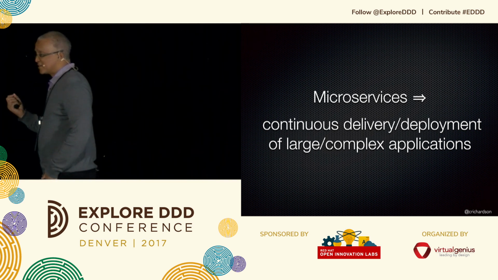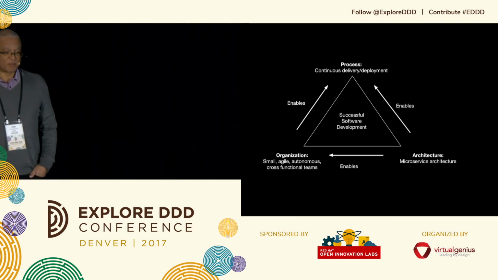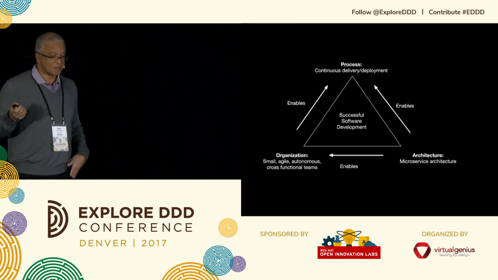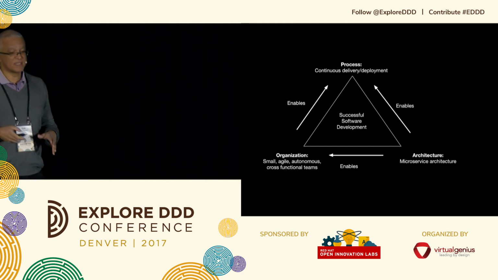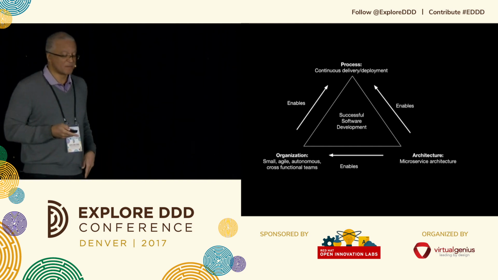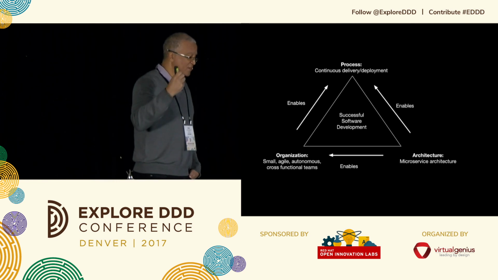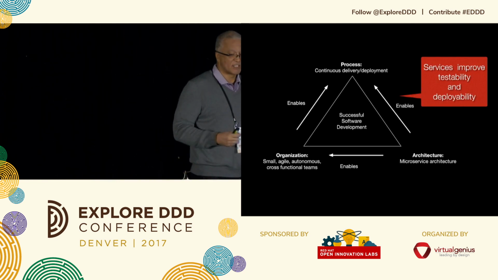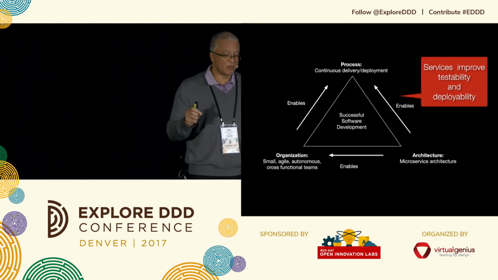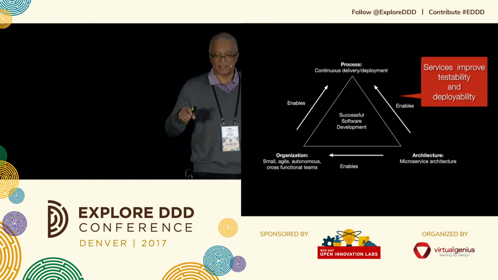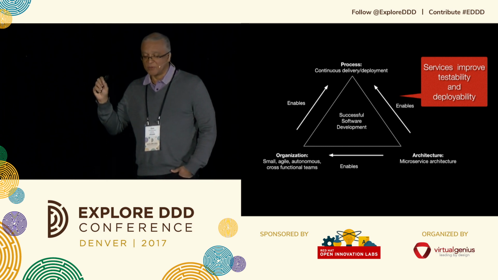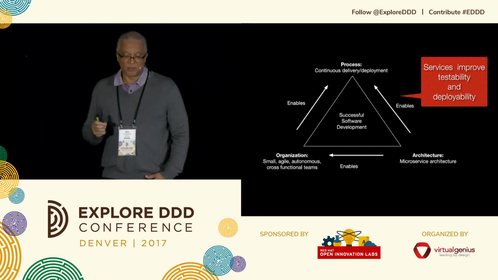So going back to this triangle diagram, right? The process is continuous delivery and deployment, the organization is small autonomous teams, and the architecture is the microservice architecture. It means that your architecture has the deployability and testability that's required for continuous delivery and deployment.